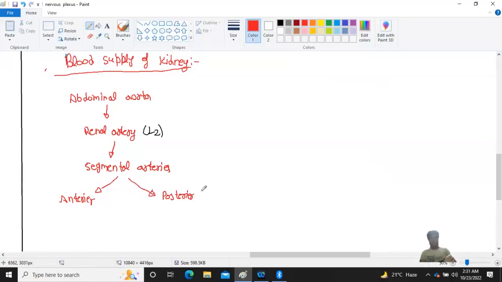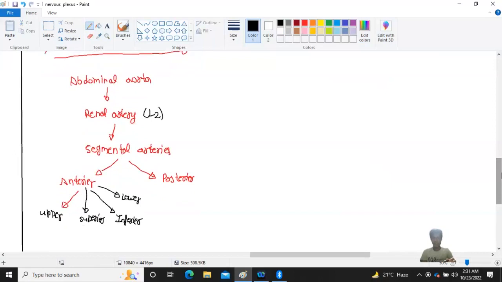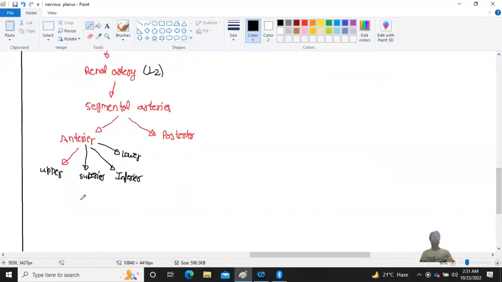The anterior divides into four: upper, superior, inferior, lower pole basically. Then these segmental arteries go into the lobe.